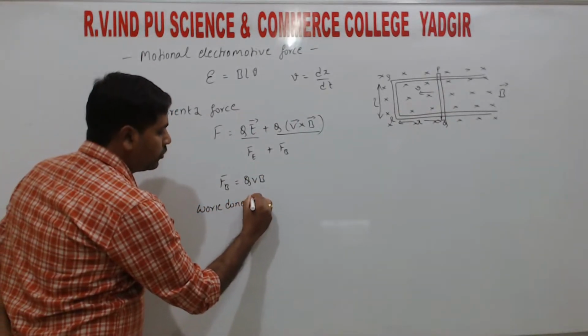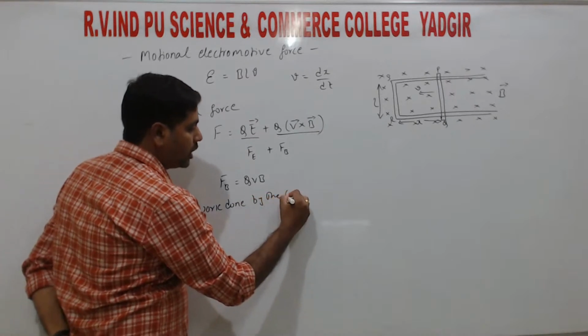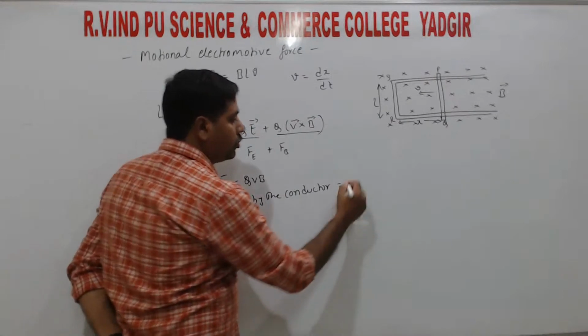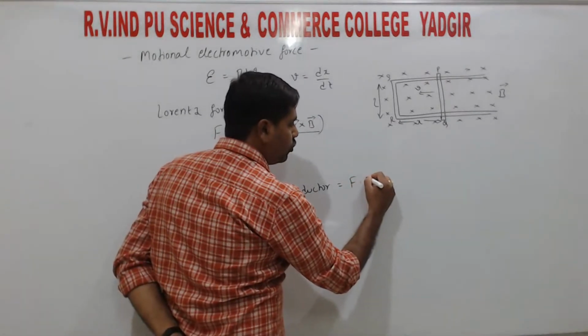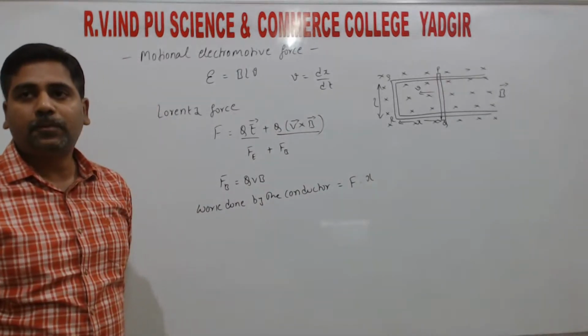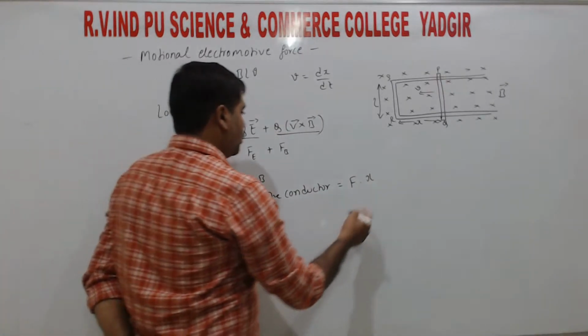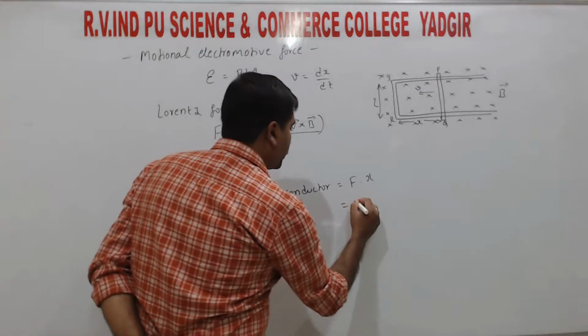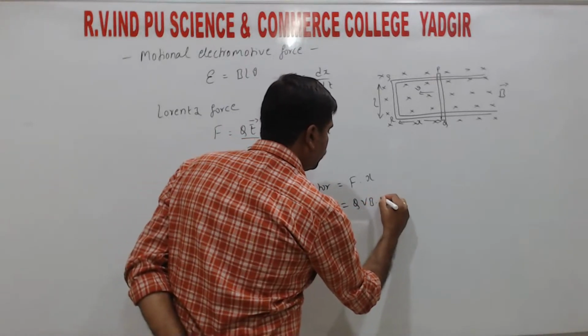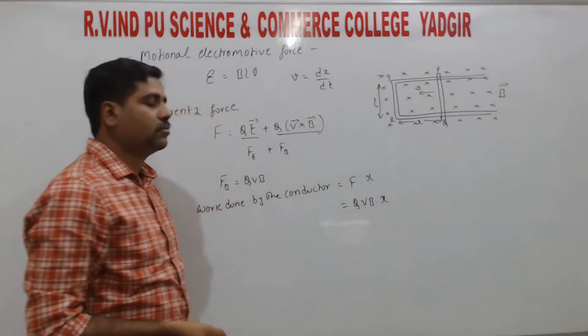Work done by the conductor equals F into X, right? Force into displacement, right? The force we have is QVB into X, right?